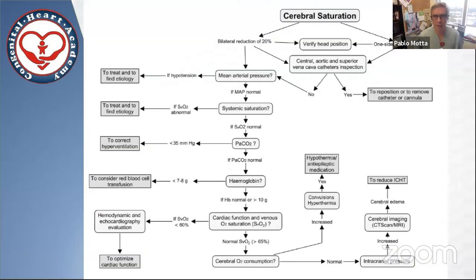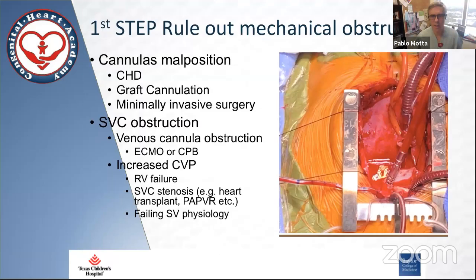This was an adult population of cardiac surgery. They have a stepwise approach to troubleshooting cerebral oximeter desaturations in cardiac surgery. Taking their approach, we do something similar in congenital, even though some things are obviously fairly different.